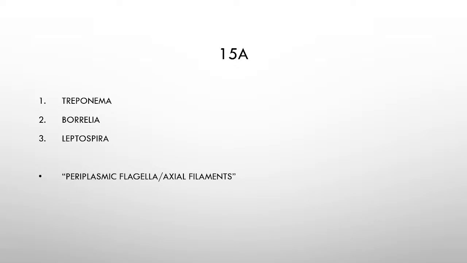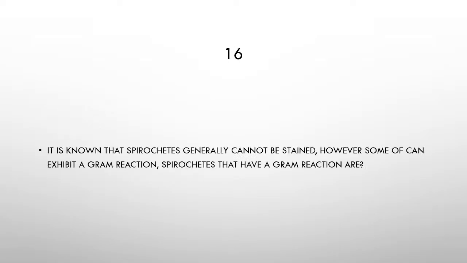Gora, shall we go to the next one? All right. Now, it is known that spirochetes generally cannot be stained. However, some of them exhibit a Gram reaction. Spirochetes that have a Gram reaction are what? Gram positive or Gram negative? The only answer is either Gram positive or Gram negative.